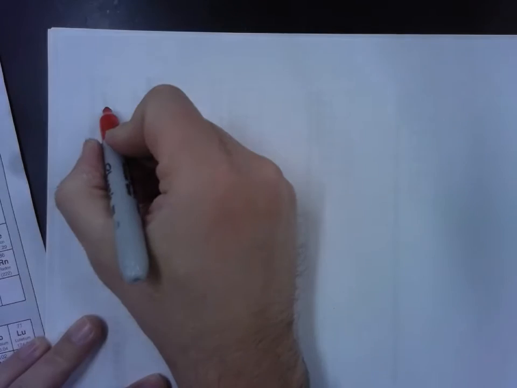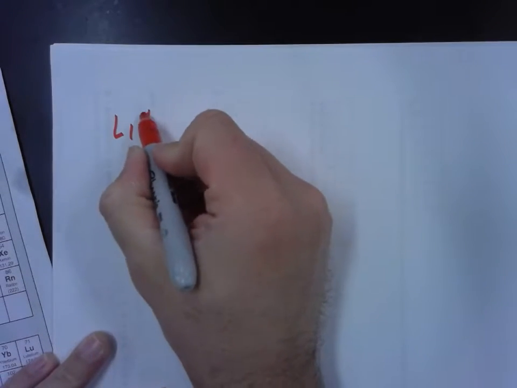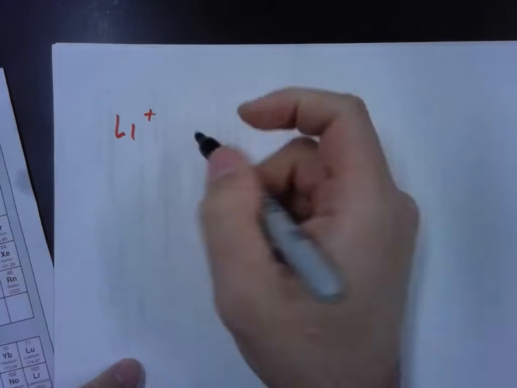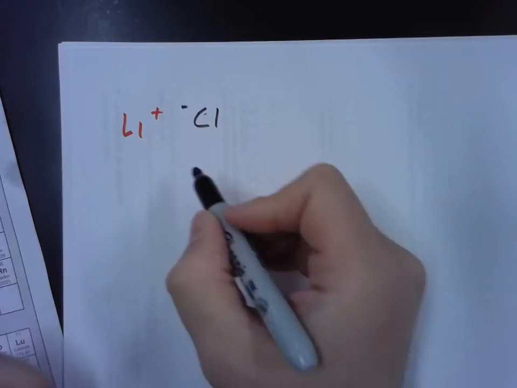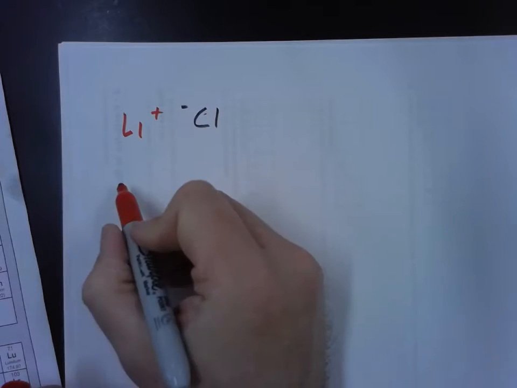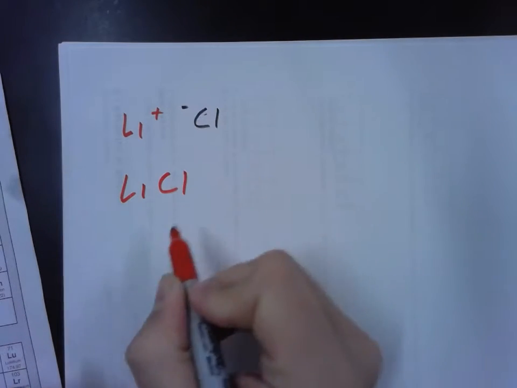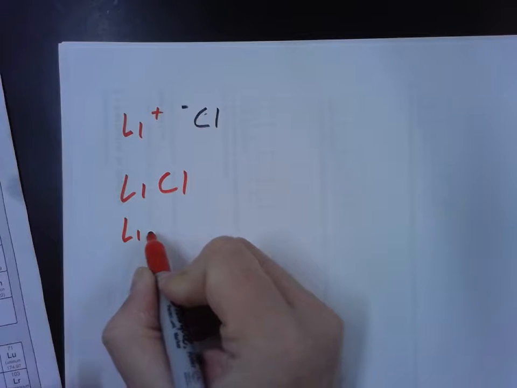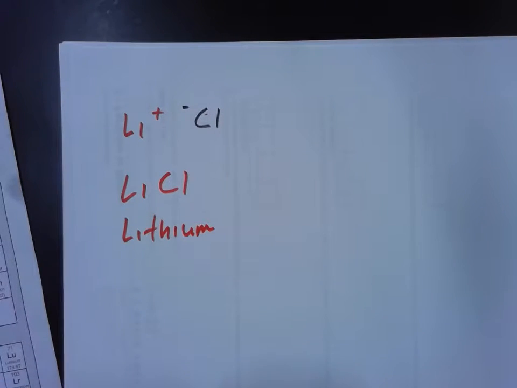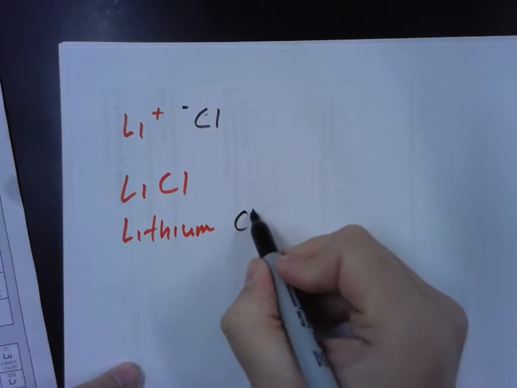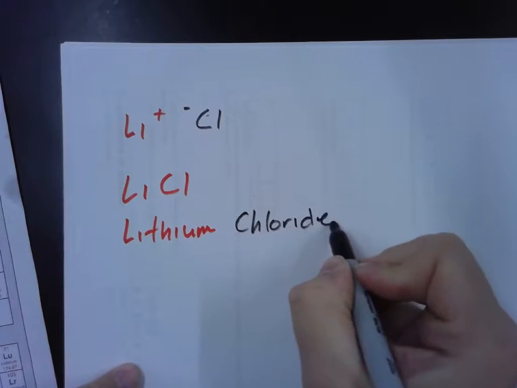So if we had lithium, it's got a +1 charge if it loses its electron. With chlorine that picked up that extra electron, it would become lithium chloride. LiCl is lithium chloride.